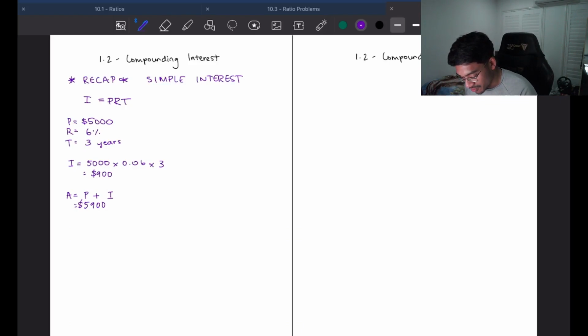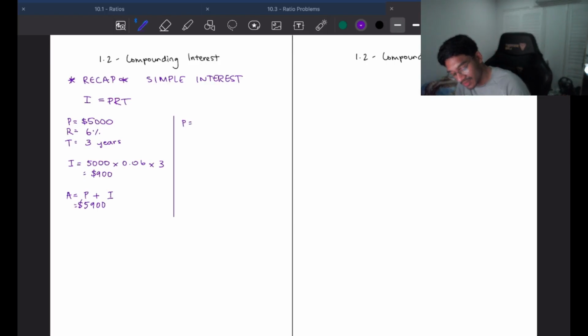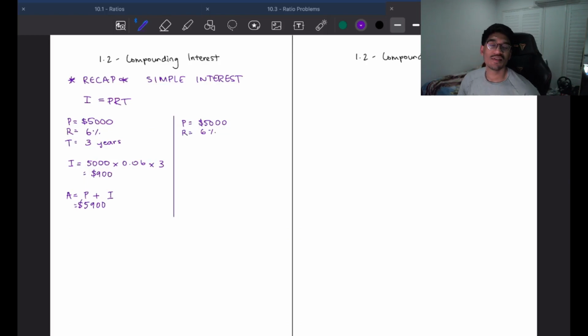Let's look at a different situation. I'm just going to draw a line like this to show that we're looking at a different situation. Let's say I still put in $5,000, so my principal is still $5,000. My rate is still 6%. But instead of keeping it in for 3 years, what if I keep it in for 1 year? So my T is equal to 1. Now, if I want to work out how much interest I've earned, I use the same formula.